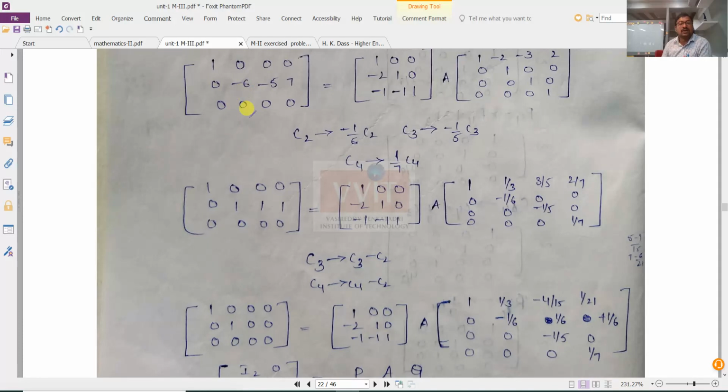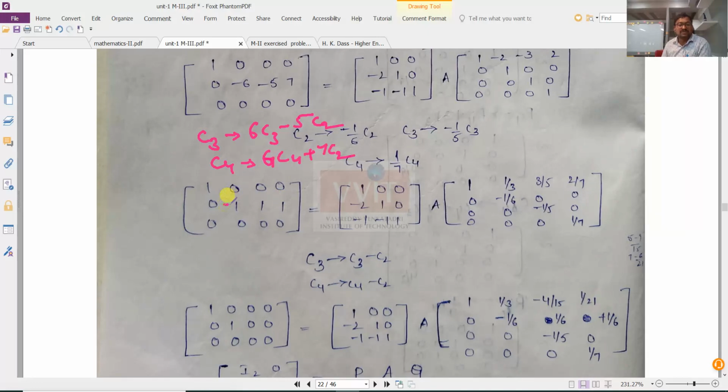Here I may write C3' as an interchange, because both are relatively prime: 6C3 minus 5C2. So interchange that. C4' is 6C4 plus 7C2.